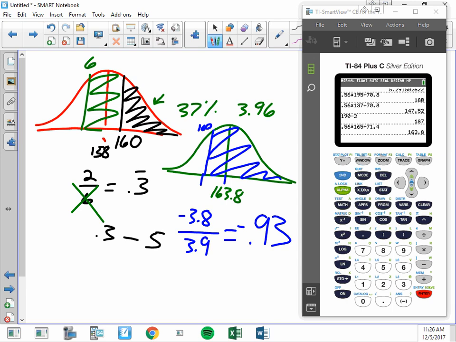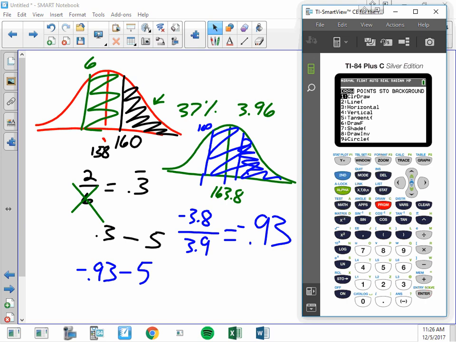Okay? And how do I find the area? Shade norm from negative 0.93 to 5. And one reason why I really like shade norm is if you remember to clear your draw and you forget the negative and you look at the picture, it'll be on the wrong side. If you don't plug in negative and you look at the graph, it will only shade this part, and we want to shade the whole thing.